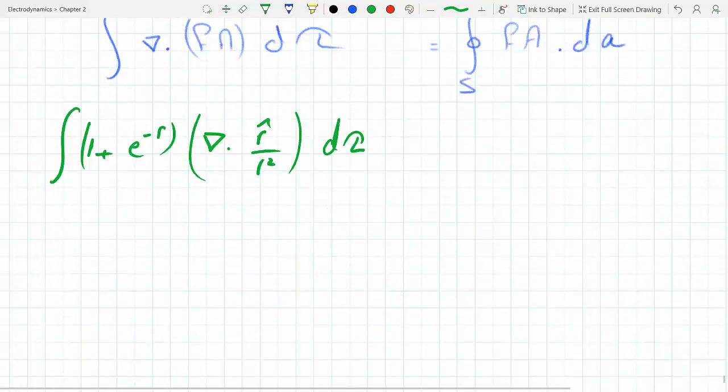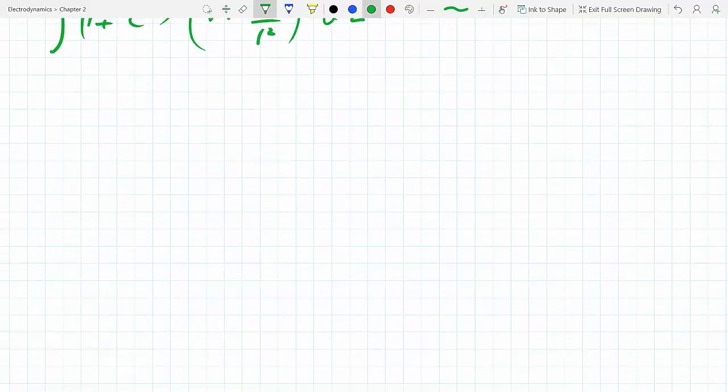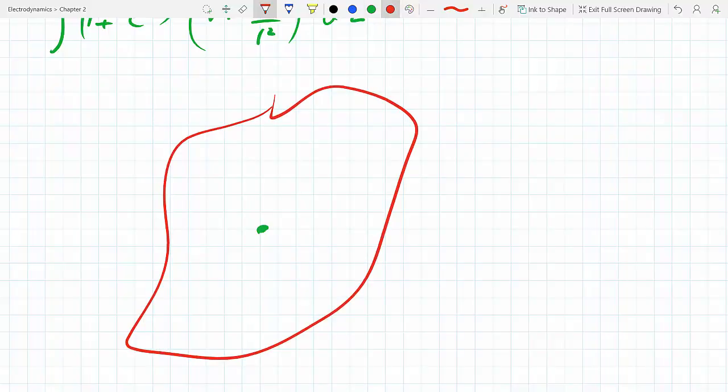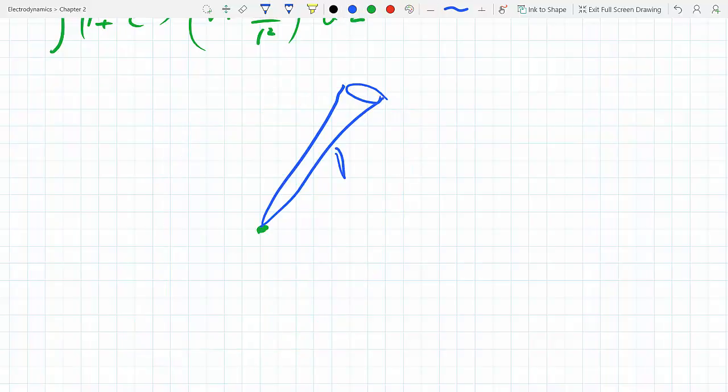Let's say you're here and you have some arbitrary surface, we don't care, and the area you are considering is here. Well, this is a sphere.